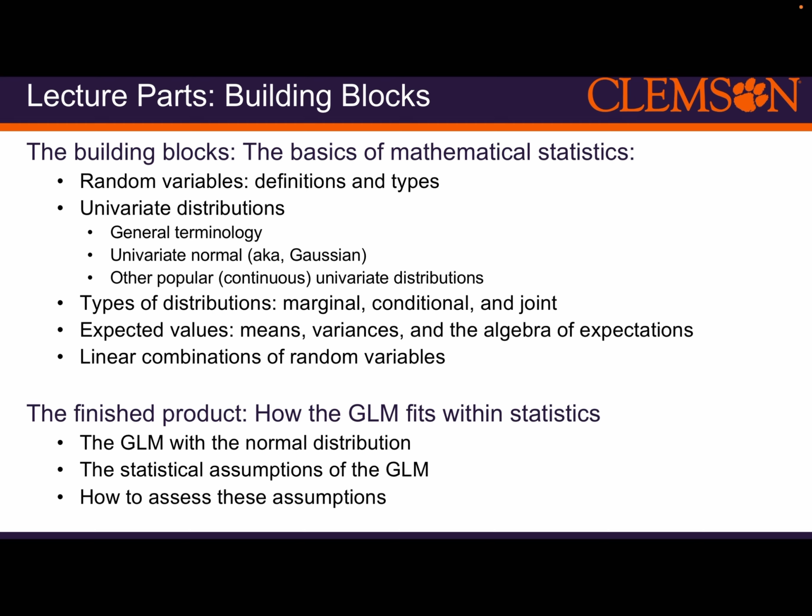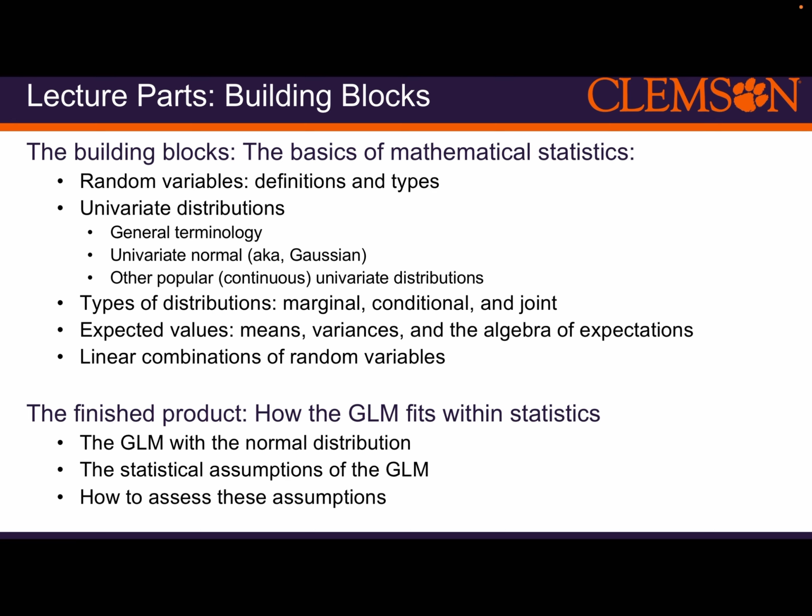We're going to define random variables, different types of random variables. We'll cover a little bit about univariate distributions, such as the normal distribution or Gaussian. We'll talk about other well-known and commonly used univariate distributions. We'll get into describing different types of distributions. So we may have a marginal distribution or a conditional distribution or a joint distribution.